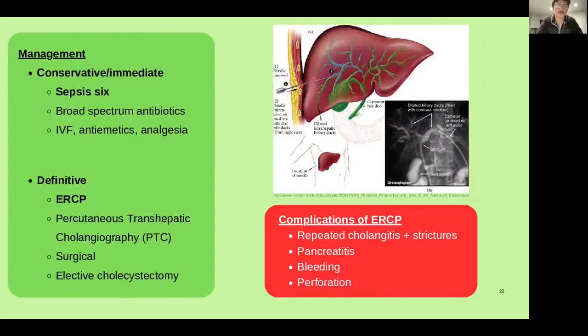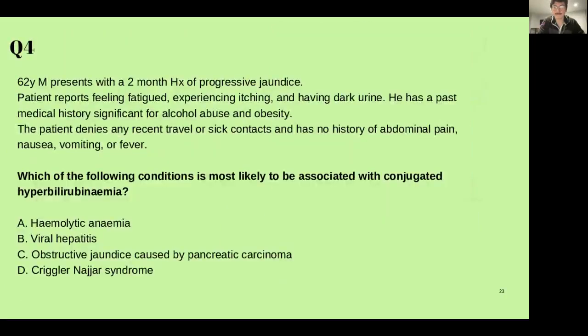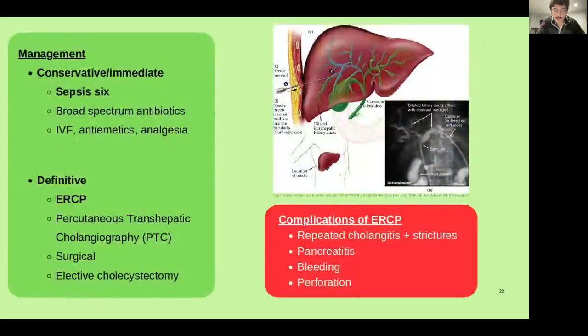You probably don't need to know too much about that, but just that it's a second line if ERCP is not suitable. And sorry, they'll probably need an elective cholecystectomy eventually as well if gallstones is the cause.